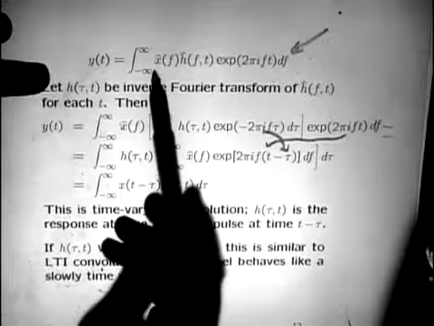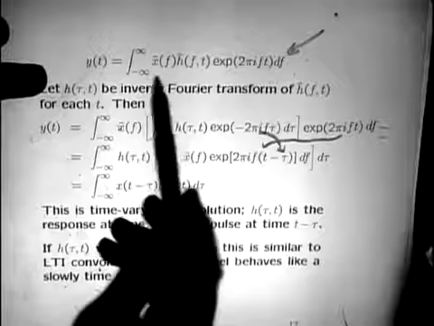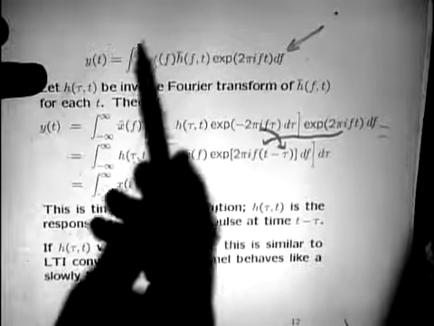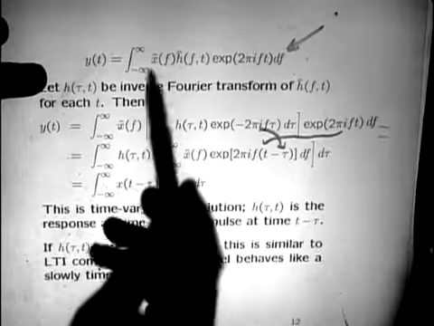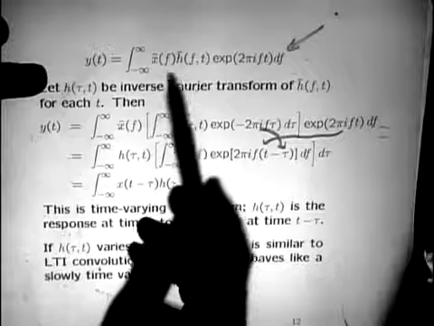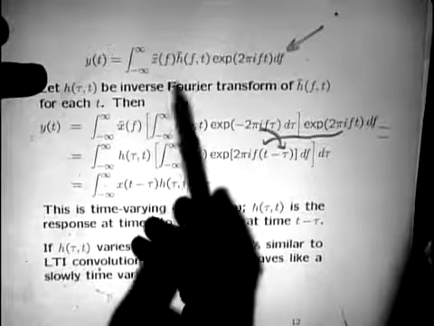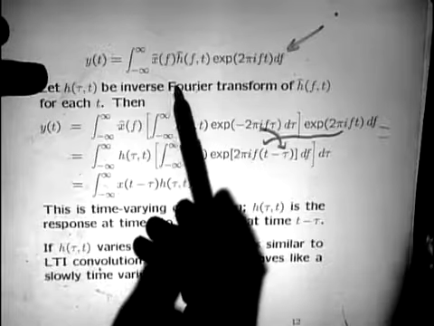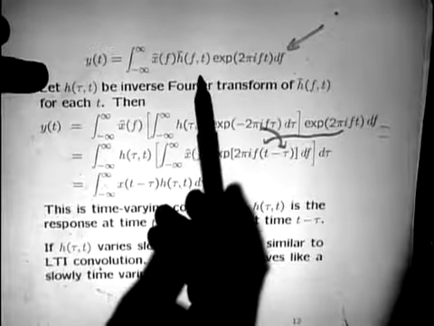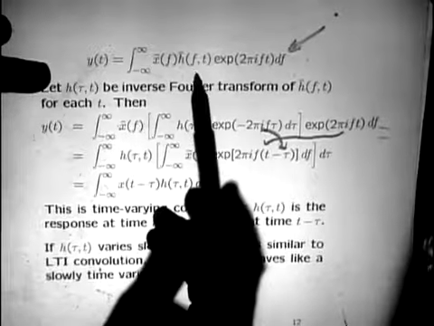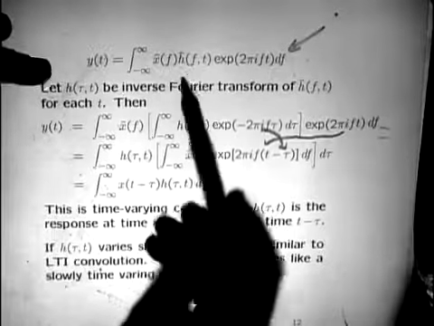If my input is in fact narrowband, it's only going to be non-zero over a small range of frequencies. If it's only non-zero over a small range of frequencies, I don't care what this is, except over that small range of frequencies. All of this gets filtered out. In other words, this filters out this, opposite to the usual case. So I don't care about what this is at different frequency ranges.